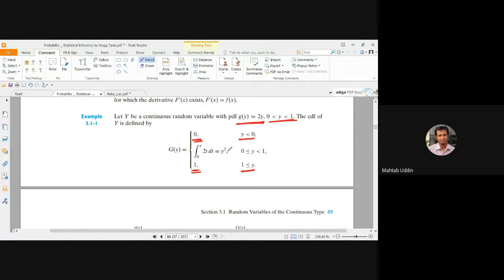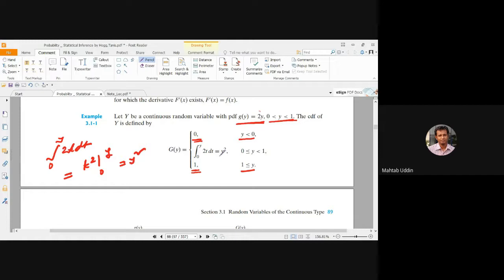Within the given interval, from lower limit to y, the dummy variable is now t. I have taken w, they have taken t, there is no problem. From 0 to y, twice t dt. After integration, you get t square from 0 to y, so y square.